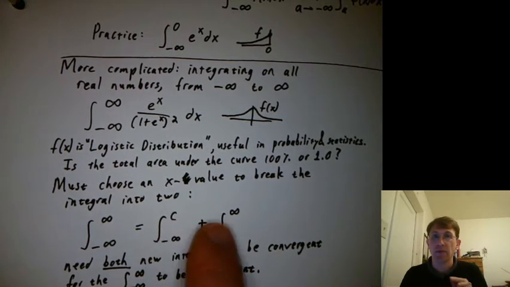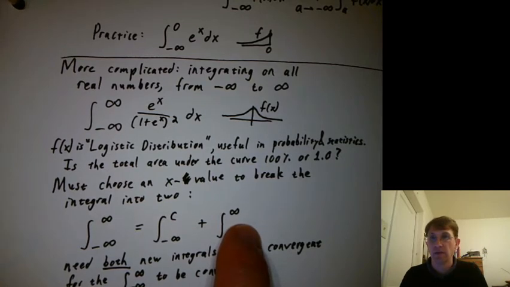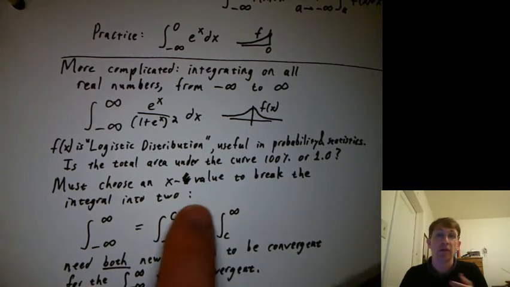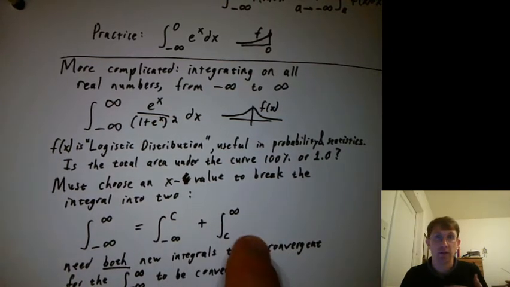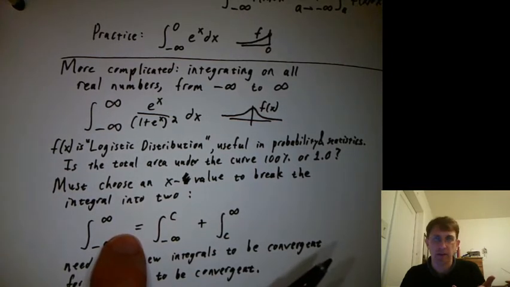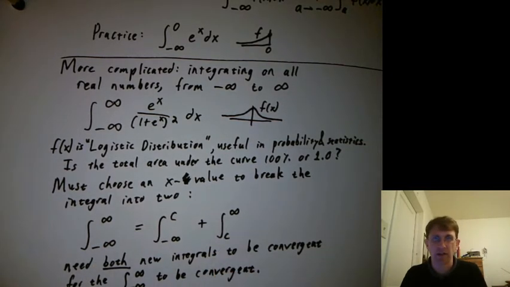And you need both of these to give you convergent answers. Then you can add them and say that's the value of this. If one or the other or both of these diverge, then you can't just add them and say the result is whatever you get by adding them, because you can't really add divergent things.